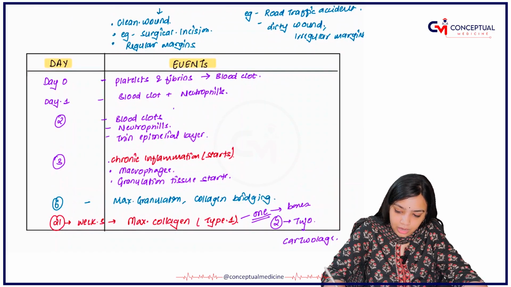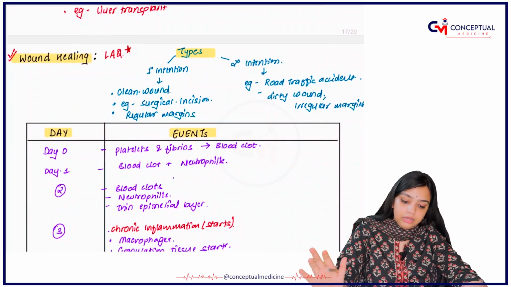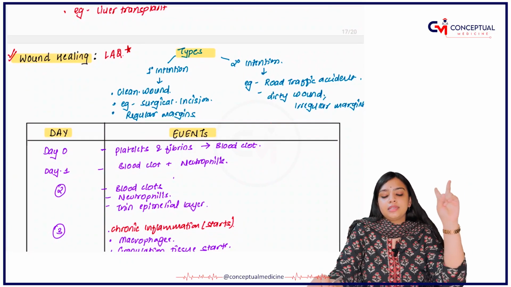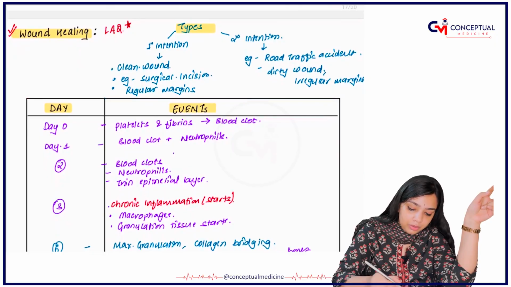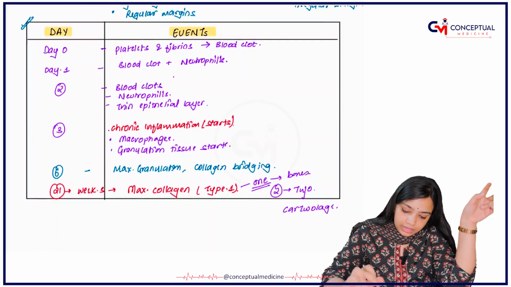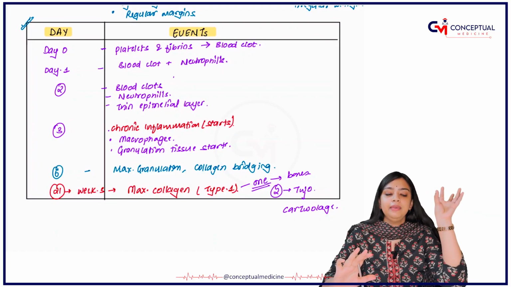So if someone asks you how you will define the process of wound healing, first you will write about the types. You have two types, primary intention and secondary intention. Then you will describe the days and the events. And trust me guys, this table will be sufficient if it is asked in your short answer type questions.